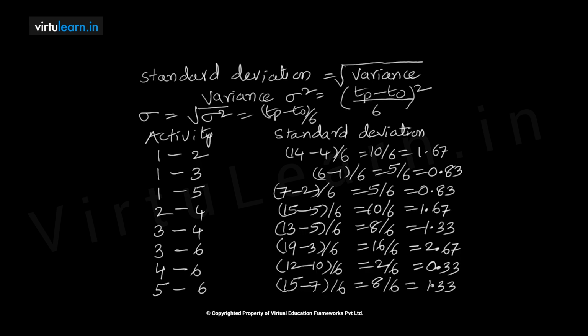However, after drawing the project network diagram, we'll find the critical path. Then we have to take the standard deviation of the activities lying on the critical path. When we sum them up, that will be the standard deviation of the project duration or project length.